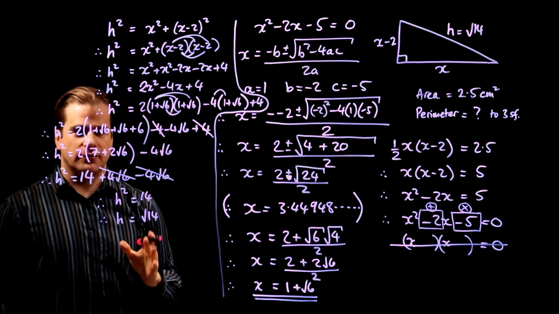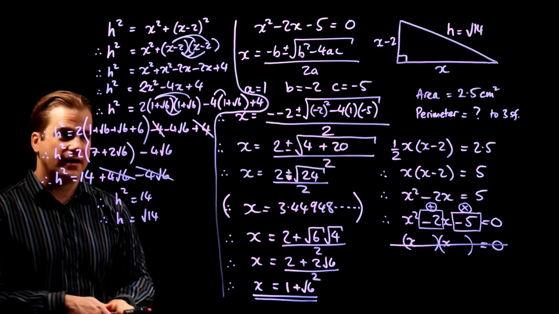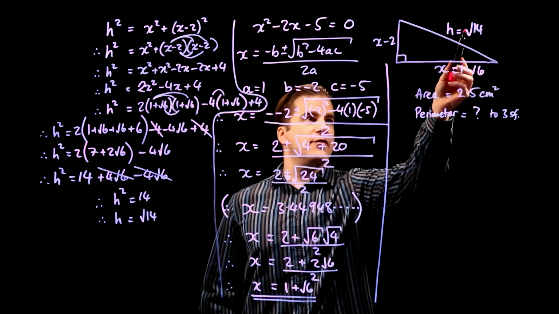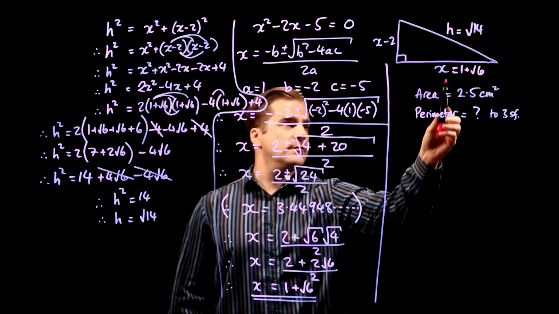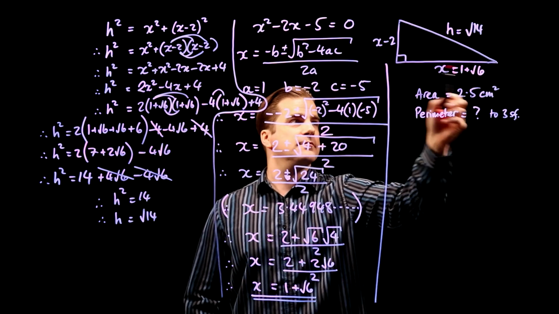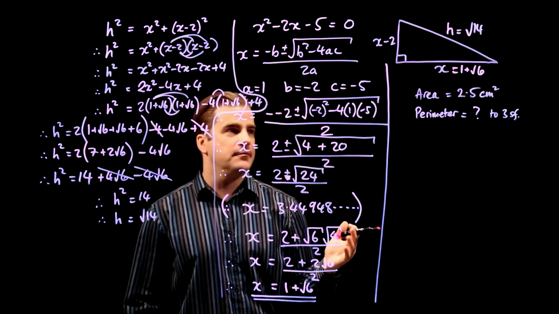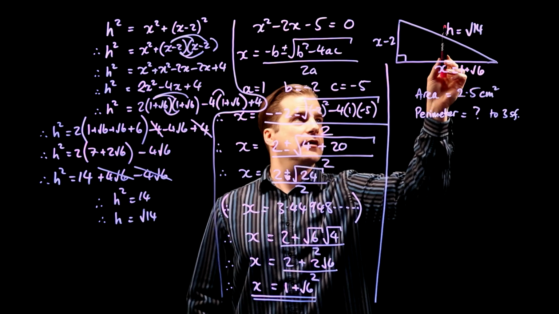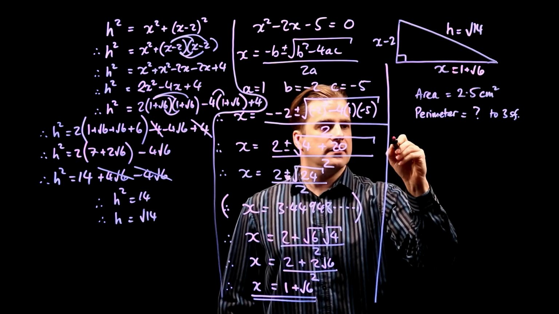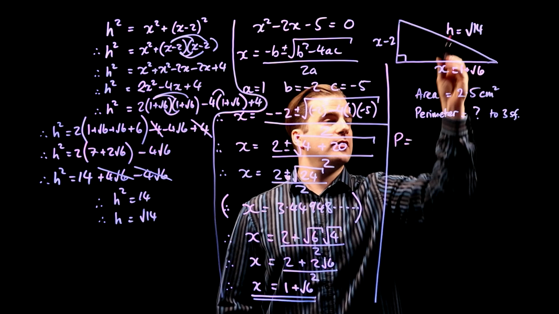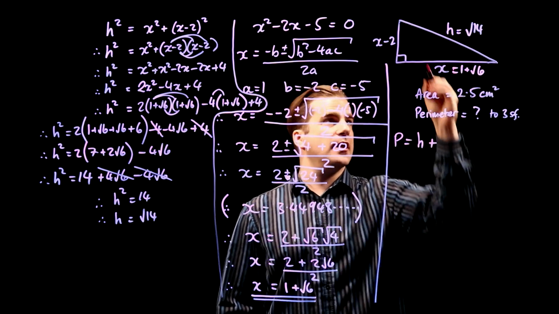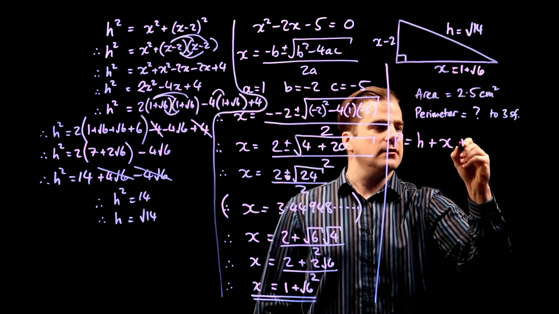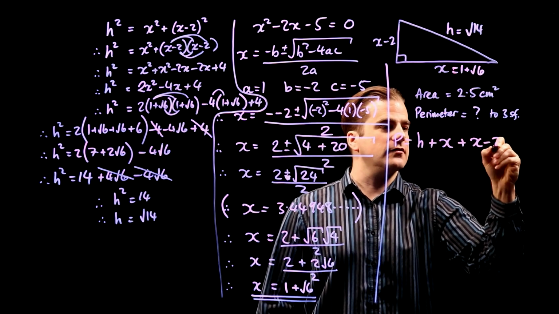Right. I've run out of space. So hold on a sec. Okay, we found the hypotenuse, it's root 14. We know x, it's 1 plus root 6. So now we can find the perimeter. The perimeter is just the distance around the edge of the triangle, so hypotenuse plus that plus that. So the perimeter is the hypotenuse plus this, which is just x, plus this, which is x minus 2.